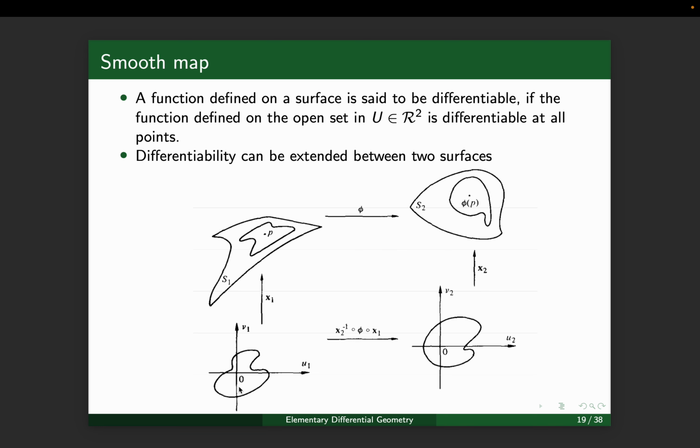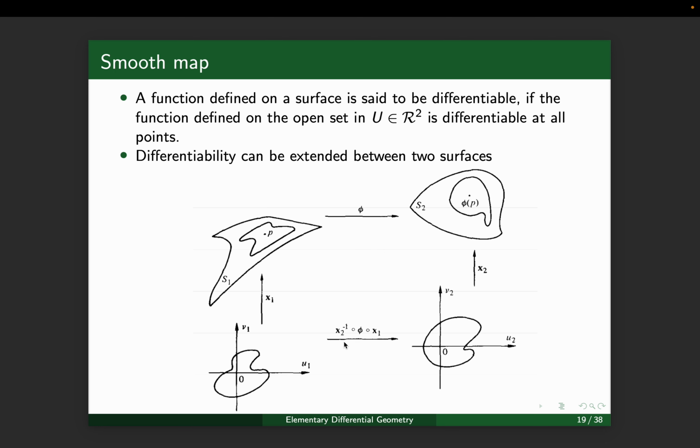And this differentiability can also be extended between two surfaces. From here you can see there is a surface S1 and a surface S2, and phi is the map connecting S1 and S2. We can say this map is differentiable when the surfaces map to open sets in R2: S1 maps to U1, S2 maps to U2, another open set in R2.